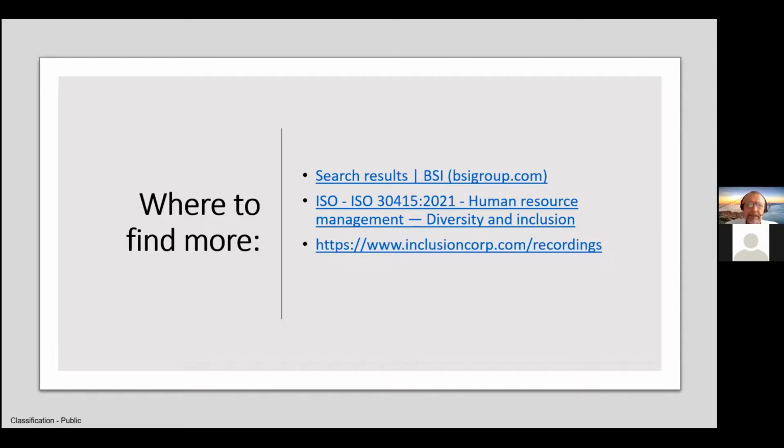And lastly, there's a link to Inclusion Core, which is the organization I referred to in America, who are providing this technical IT-based tool that allows you to adopt the standard and measure progress by inputting information and it telling you where you are on the journey. But it's a commercial piece, and therefore there's going to be a cost element for you. But you can look at the page for free and get a view as to whether the standard and the toolkit is of use.